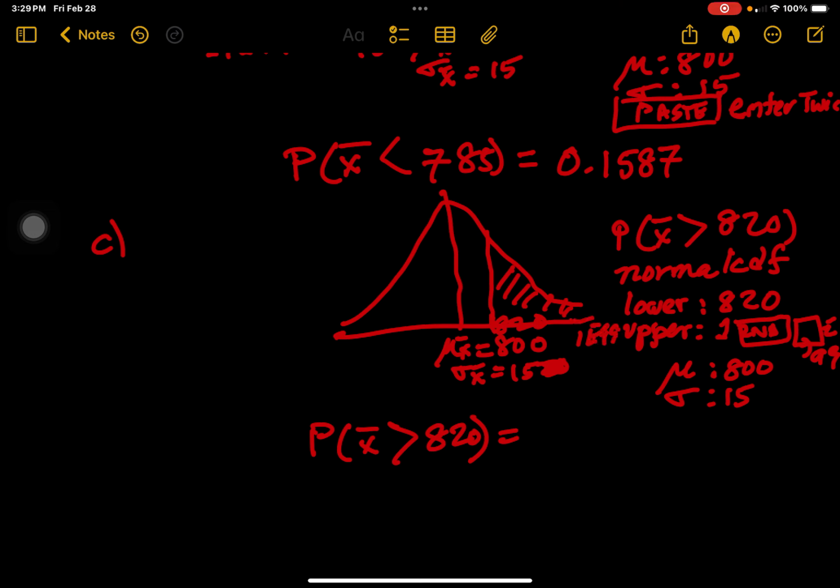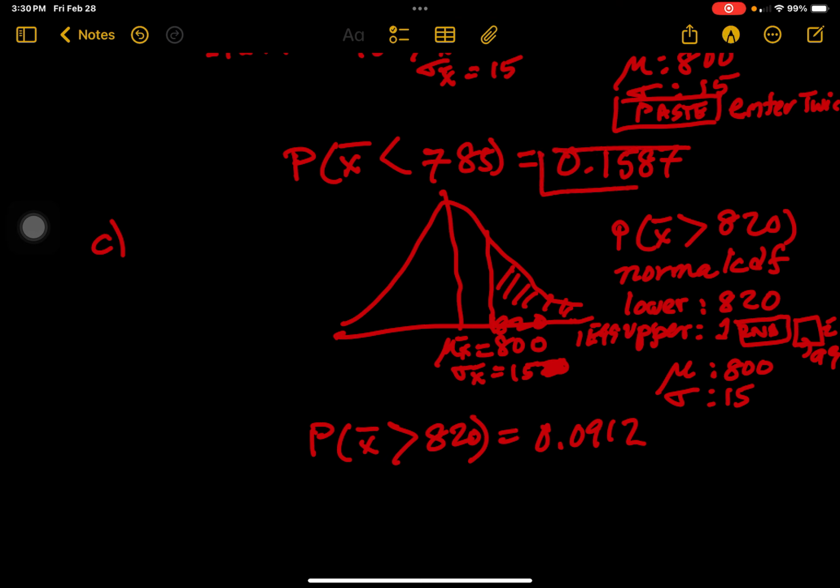So 1, then second button, comma button on top of the 7 button, and then 99. Mean and standard deviation do not change. Go down to Paste and hit enter and enter. And the answer is 0.0912. So there is a 9% chance that the sample mean will be greater than 820.